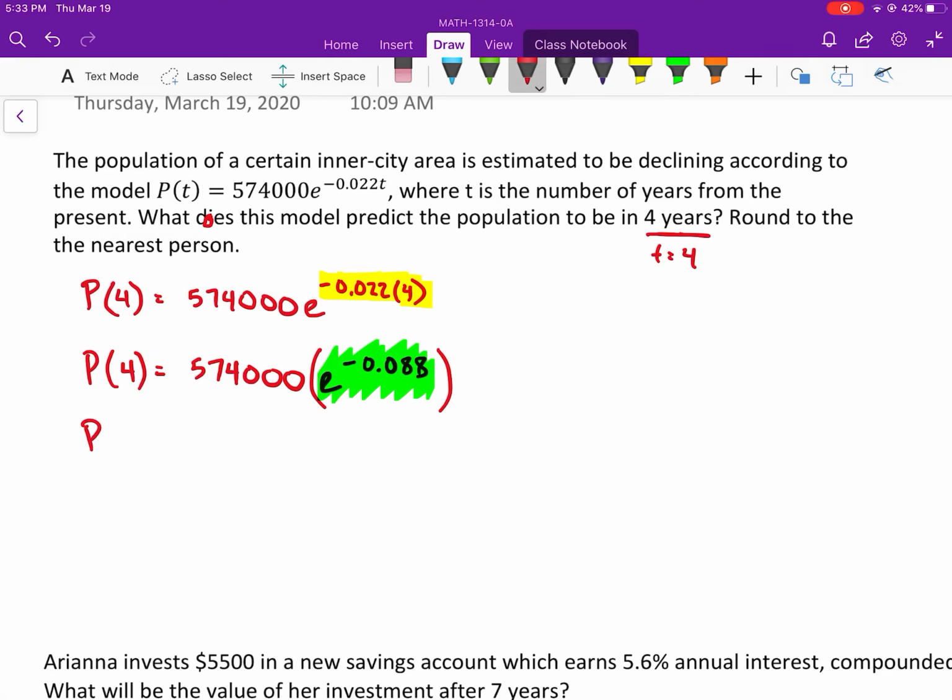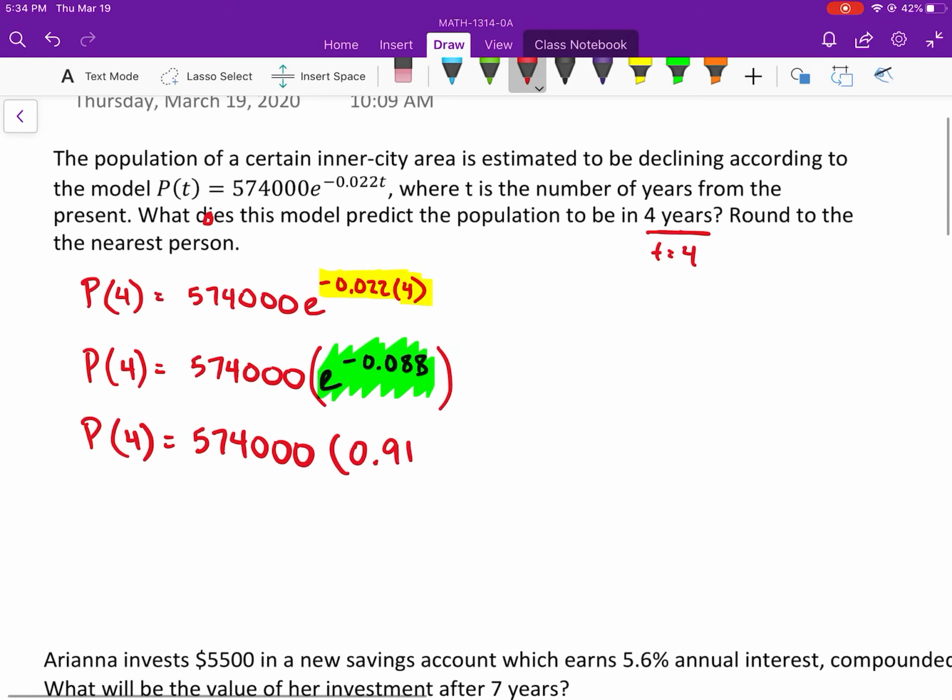Alright, and so that gives us P of 4 equals 574,000 times my answer, which I want to use with as many decimal places as possible so that I get the most accurate answer: 0.9157608767. That's every decimal place that my calculator shows. If your calculator shows more decimal places, feel free to use them. We should get to the same answer.